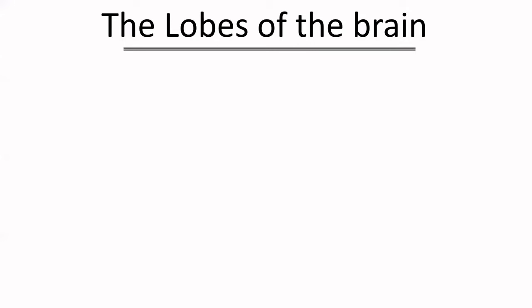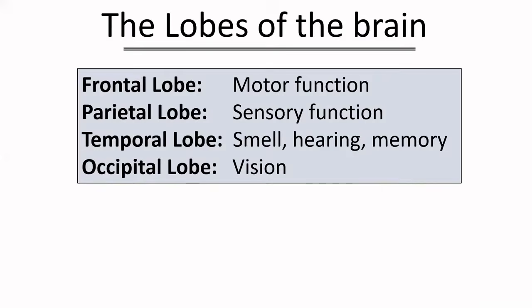So let's summarize. We've now been introduced to the lobes of the brain. Classically, we have four lobes, and this is very broad, but motor functions and personality are mainly located in the frontal lobe. The parietal lobe is responsible for the processing of sensory information.